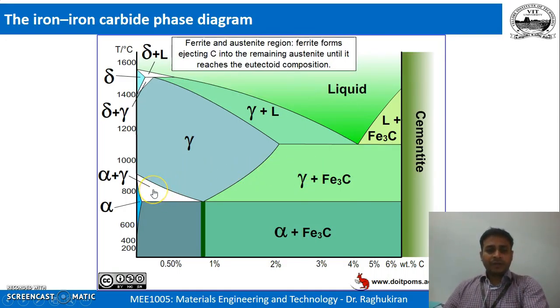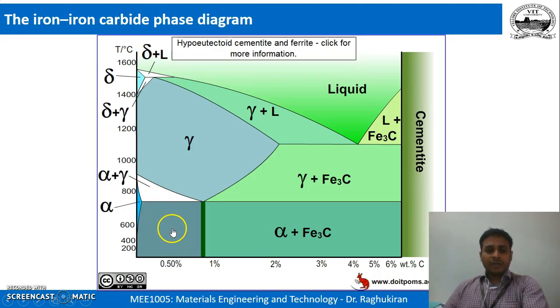If you come here, on the left hand side that is ferrite, and on the right hand side it is austenite. If you come here you have ferrite and pearlite. It is hypoeutectoid steel. If you come to the right hand side, it is hypereutectoid steel. You have pearlite plus cementite.